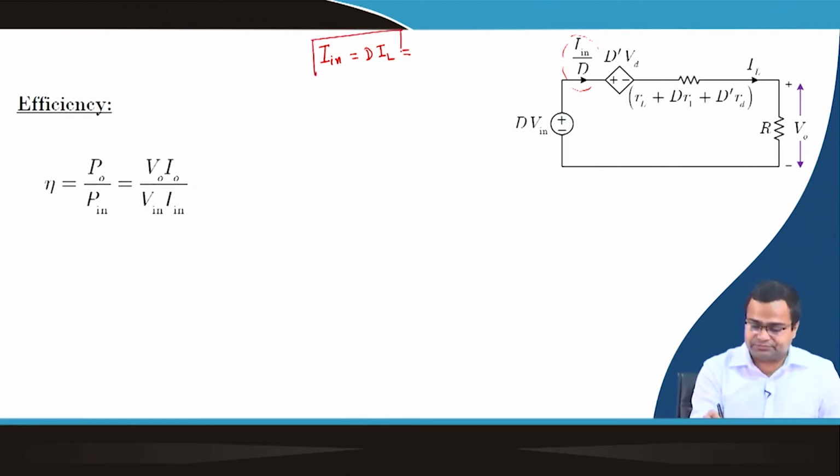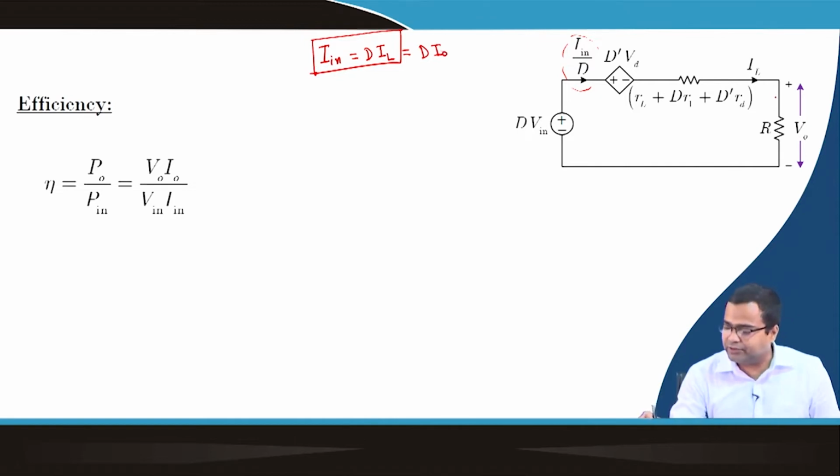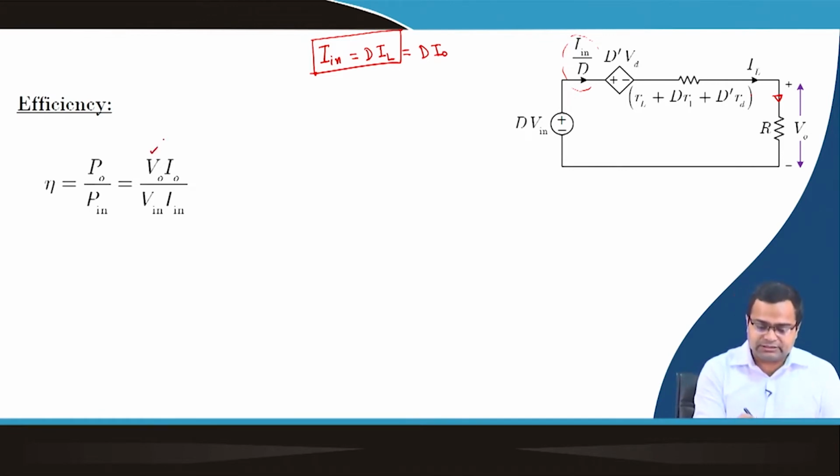So this is D times the load current, because it is going to the load. For a continuous conduction mode buck converter, the average inductor current is the same as the average load current, because the capacitor average current is 0.